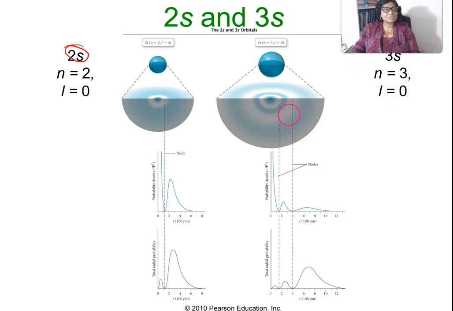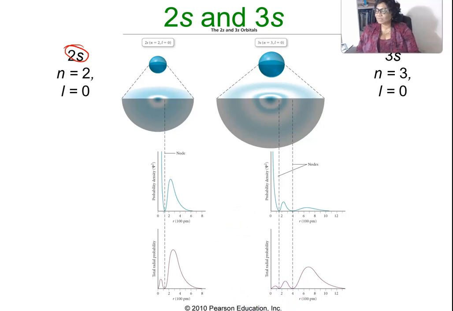It has two nodes, you see. That's the node where you will not find electrons. So look at the shape of this one. The total radial probability. That's how it looks. You see that node? And for this one, you have two nodes. Those are areas where you will not find electrons.